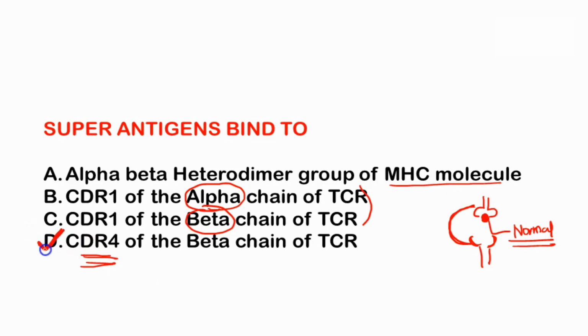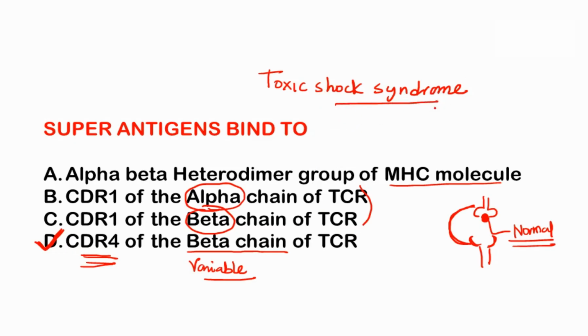So what is the answer? Superantigens bind to CDR4 of the beta chain of the receptor, that is, the variable region of the beta chain of the T cell receptor. Because of this binding, there is polyclonal T cell activation leading to massive release of cytokines, and this massive release of cytokines produces a syndrome known as toxic shock syndrome. So this is the final conclusion.